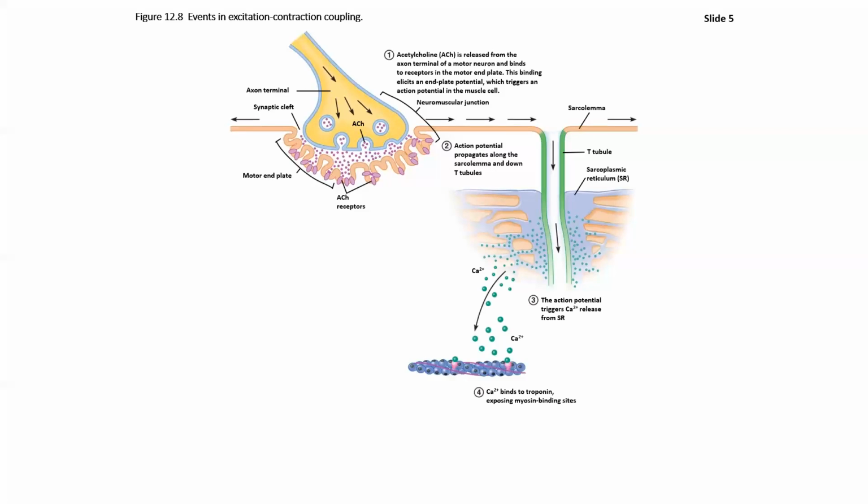So now we've got the calcium out into the sarcoplasm, and it binds onto troponin. When it binds to troponin, troponin is then going to drag tropomyosin off of the binding sites. It's really important to remember here that troponin is a series of 3 different proteins.